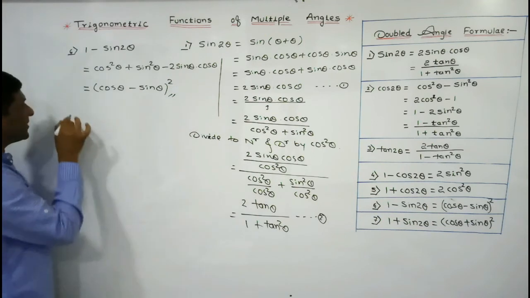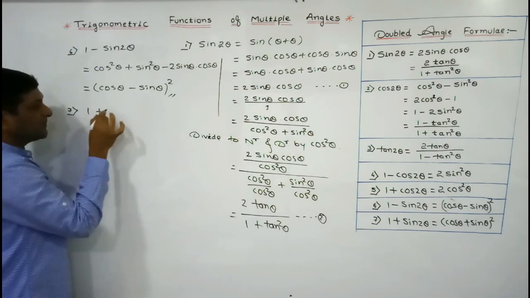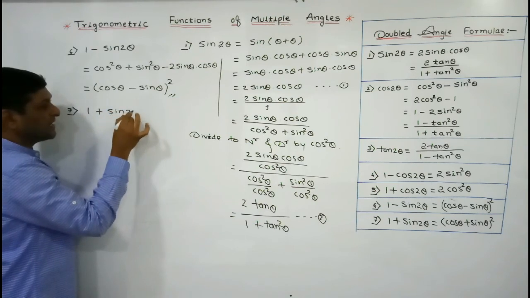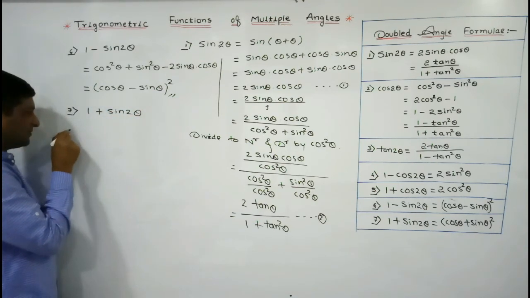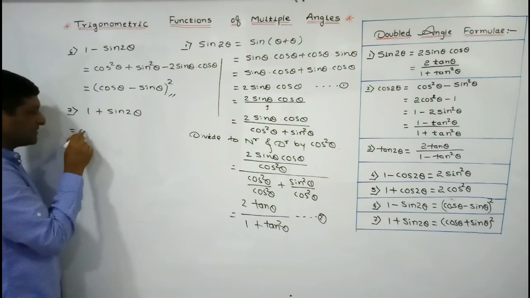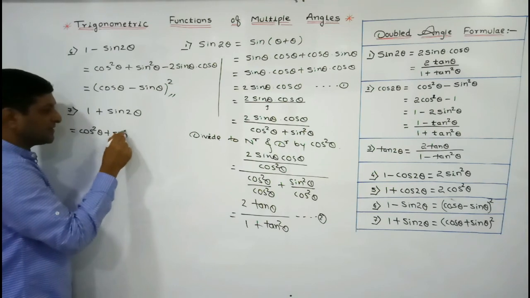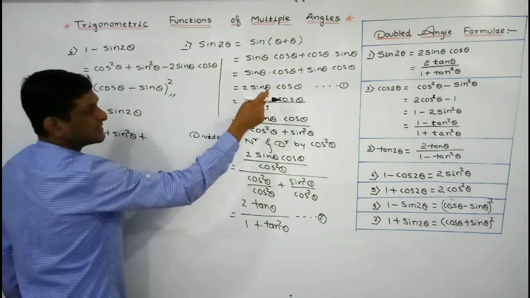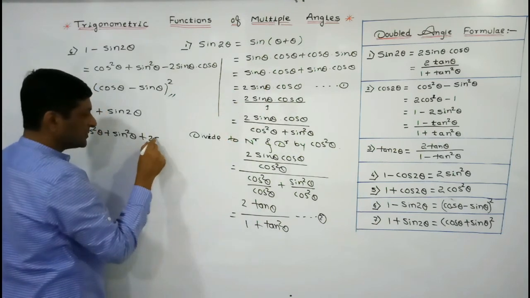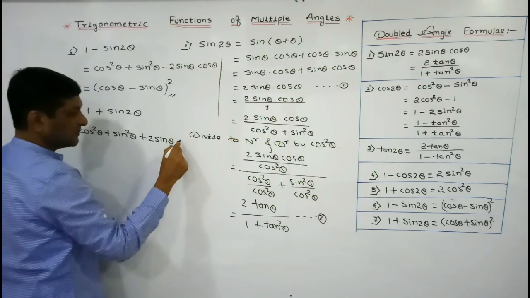And last, the seventh formula we also have to prove using exactly the same method. 1 plus sin 2 theta, we have to show that its value is equal to cos theta plus sin theta whole bracket square. Here also 1 we are replacing by cos square theta plus sin square theta, plus keep it as it is, and sin 2 theta can be replaced by 2 sin theta into cos theta. This method we applied in the sixth formula also.